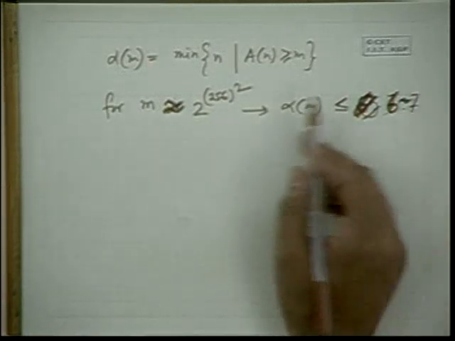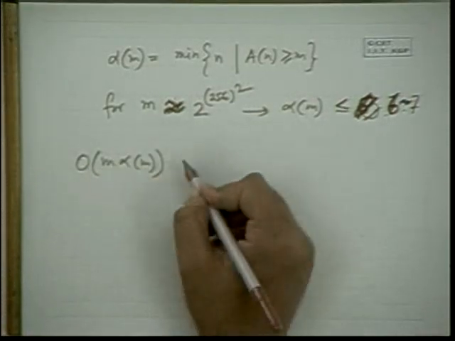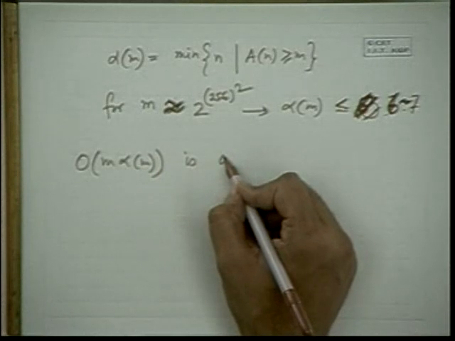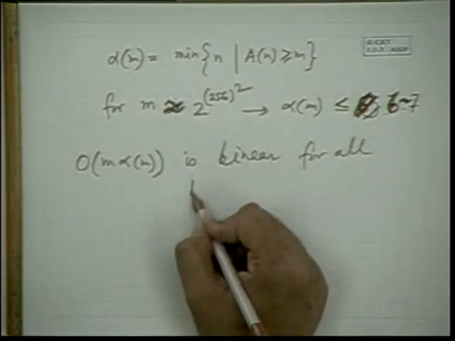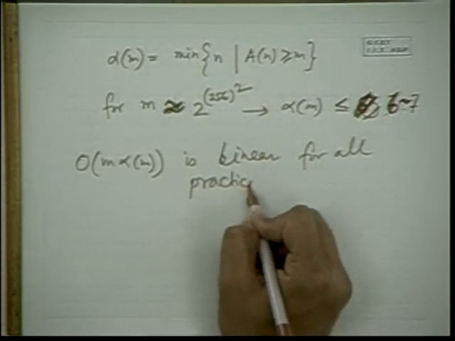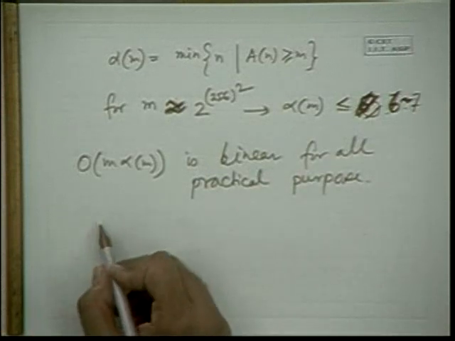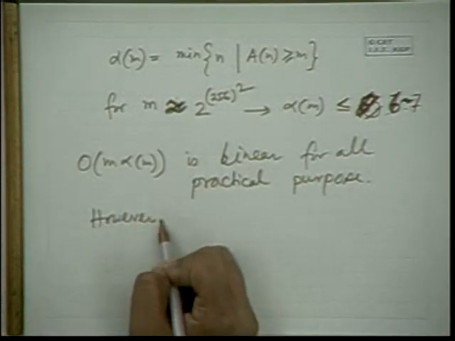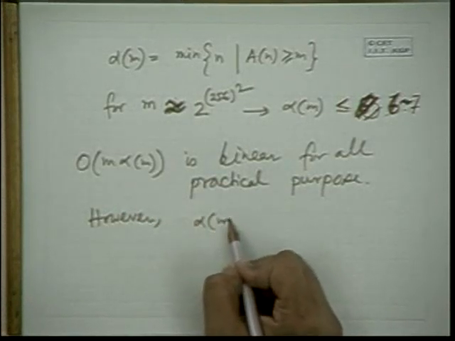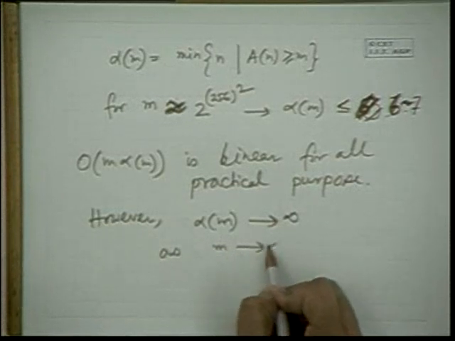So for all practical purposes, our order m alpha m is linear. But theoretically you cannot say. However, alpha m tends to infinity as m tends to infinity.